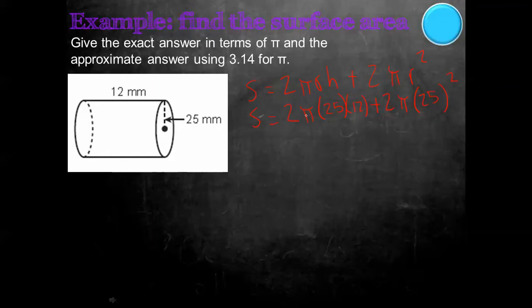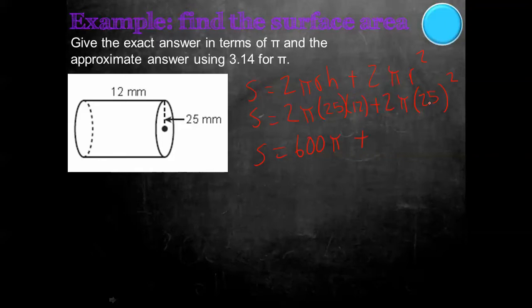Okay, so now we're going to solve this out, but we're not going to use pi just yet. We're going to say 25 times 12, which is 300, and then we're going to take that times 2 as well. So that's 600 pi. And then we're going to do 25 squared. That's 25 times 25, which is 625.